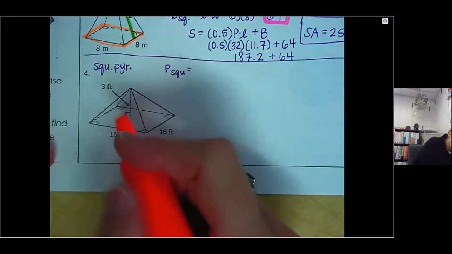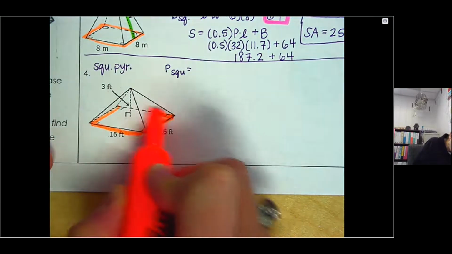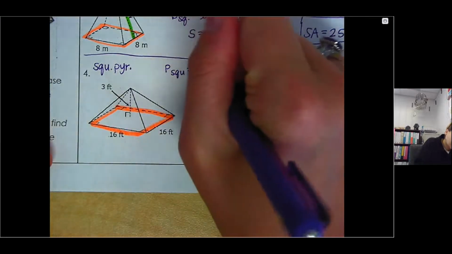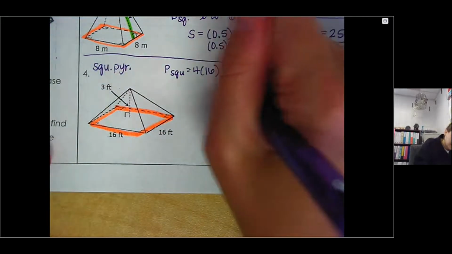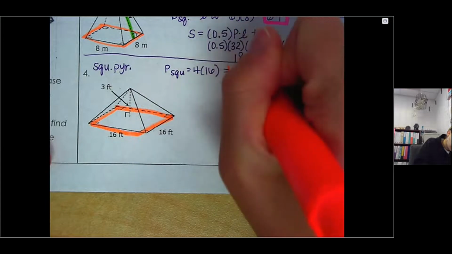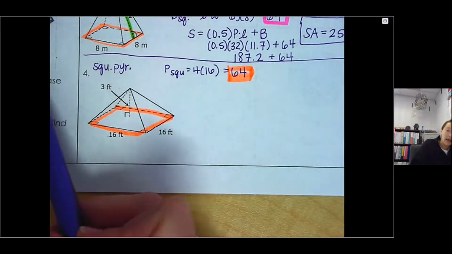My perimeter again means distance around the base. So mine would be 16 plus 16 plus 16 plus 16, or 4 times 16. There's 4 of them. So my perimeter is 64. Great, lovely.